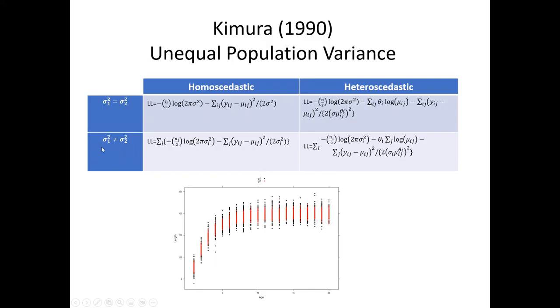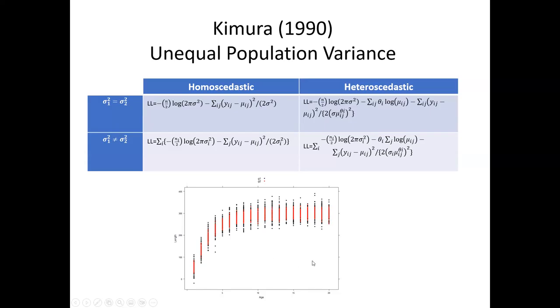But he also provided examples for cases where you didn't have equal group variances, and what would that provide? What I mean by that, if you look at the graph below, here I had two groups, and you can see that the group one in black has a much wider distribution, or variance, of the lengths at the same age than the red group.